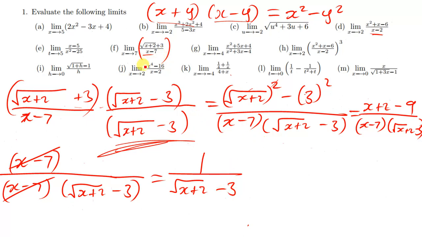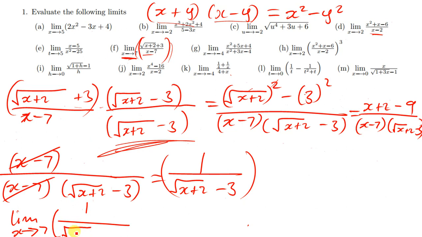So now what we just need to do here is to replace now the value of x. So now let us find the limit as x approaches 7 of this expression, because we know that this expression is also the same as that expression there. So say 1 over the root of x plus 2 minus 3.